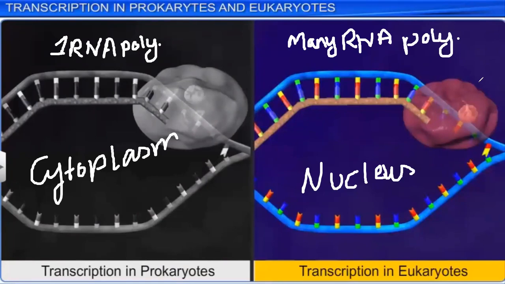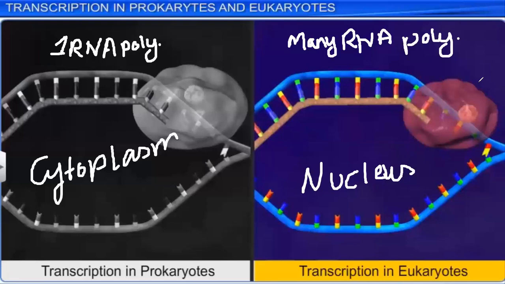The same gene can carry information for many proteins, all in the same DNA structural gene, while in eukaryotes it is monocistronic. So if it has to transcribe mRNA, rRNA, and tRNA, it has different RNA polymerase enzymes in eukaryotes.